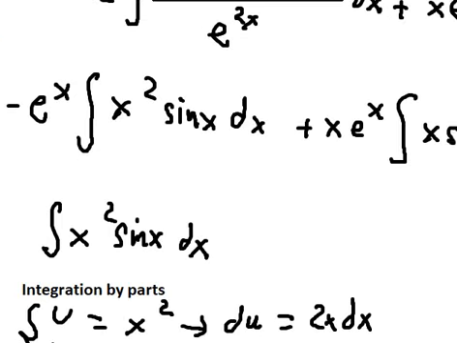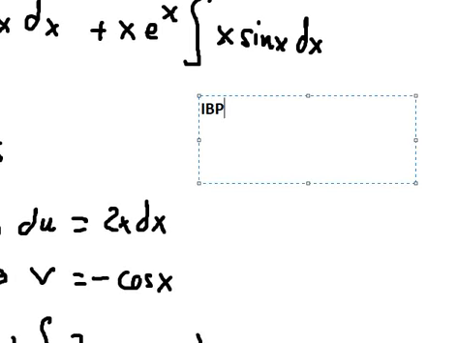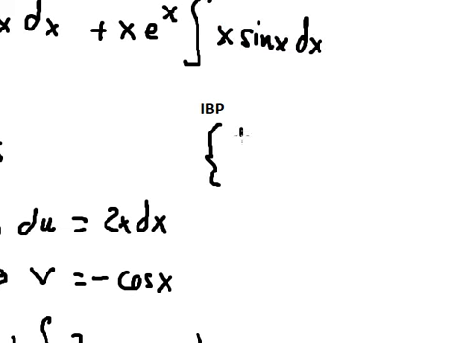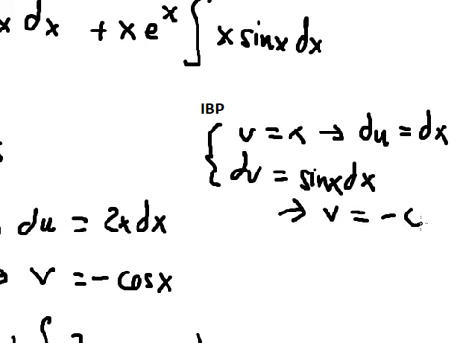Now let's go to the next one. For this one we use integration by parts. So we put u equals s, then du equals ds, and dv is sine s ds. The integration of this one gives negative cosine s.